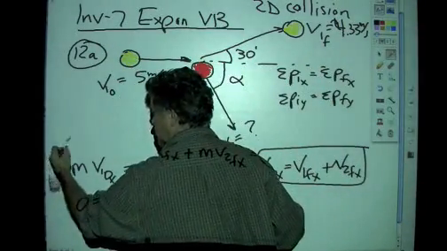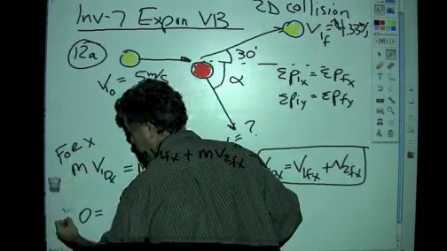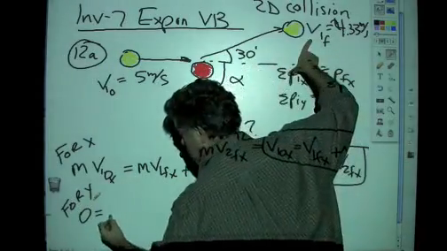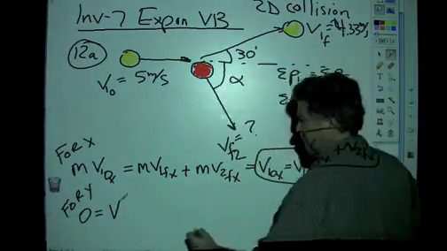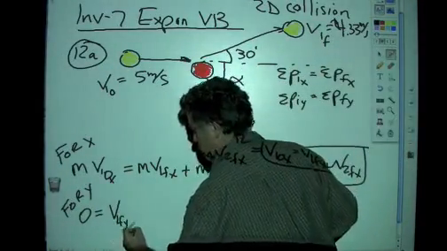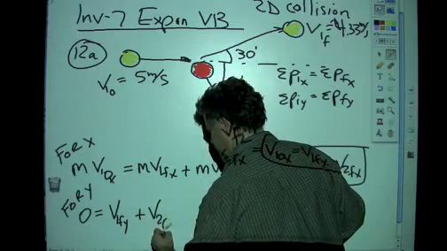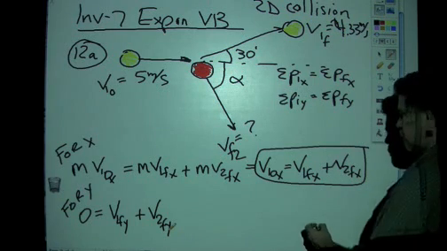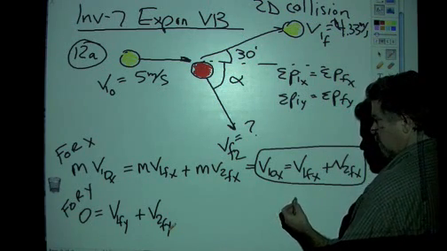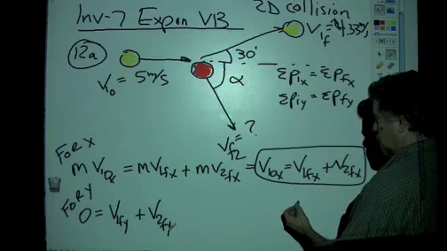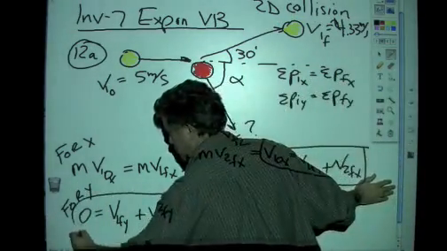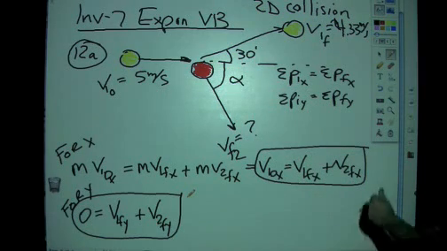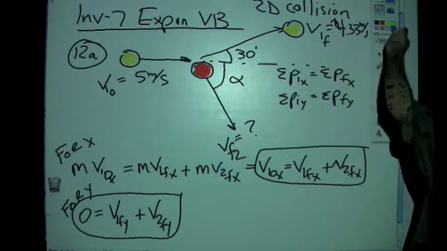This is the X, and this is for Y. So I have 0 equals, since the M's went away, just V1 final Y plus V2 final Y. All right, now I have to bring in the sines and cosines, and I'm running out of room. That's bad. Let's go to blue mode here.